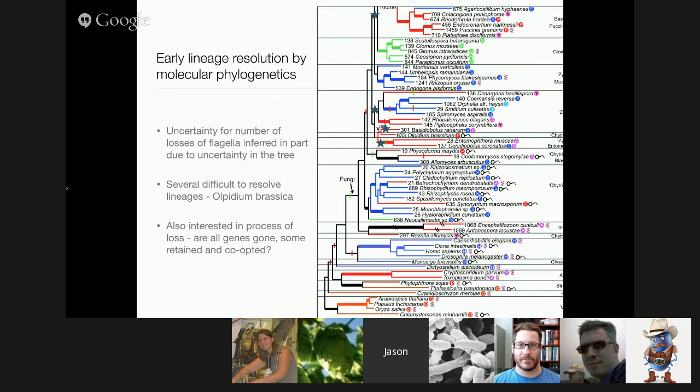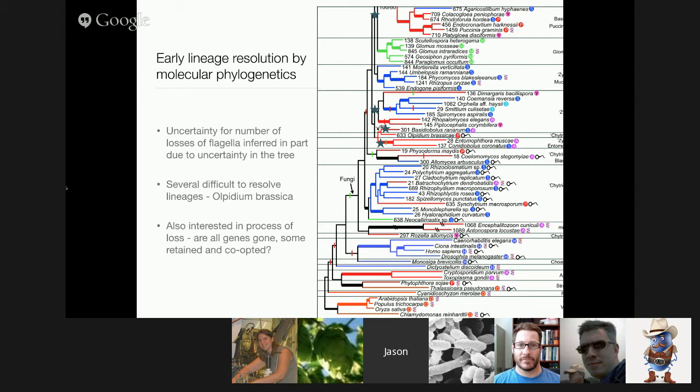One thing that came out of the study of the molecular phylogeny was taking that tree of the fungi and mapping traits onto it. There are many interesting traits about fungi, but one I didn't fully emphasize here is that early diverging fungi have a flagellum. They have a zoosporic stage where they swim around, and if you look at this tree, the little circle with the squiggle represents organisms that have a life cycle stage which includes a flagellum.